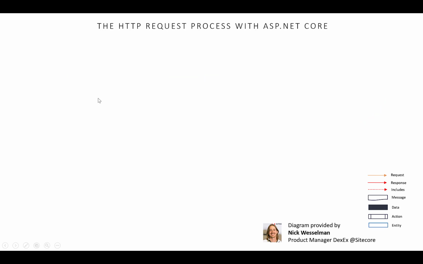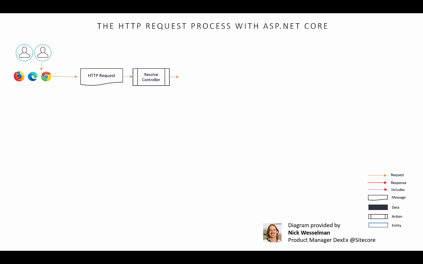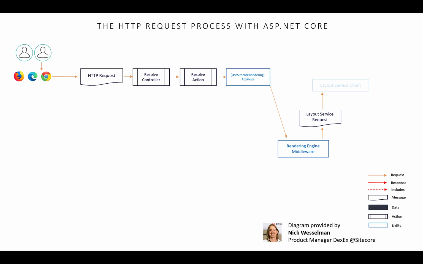This diagram was provided by Nick Besselman from Sitecore, so thanks for this, Nick. It explains the HTTP request pipeline to give you an idea of how things work. The user's HTTP request resolves a controller and an action, and then the rendering engine middleware runs before the controller actions are invoked, and these make a request to the layout service to return a response.